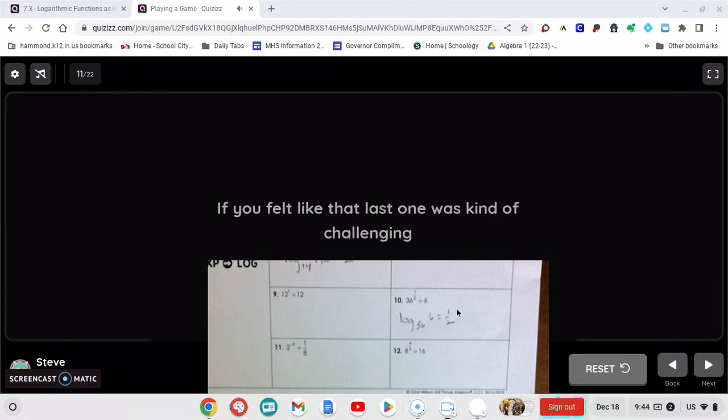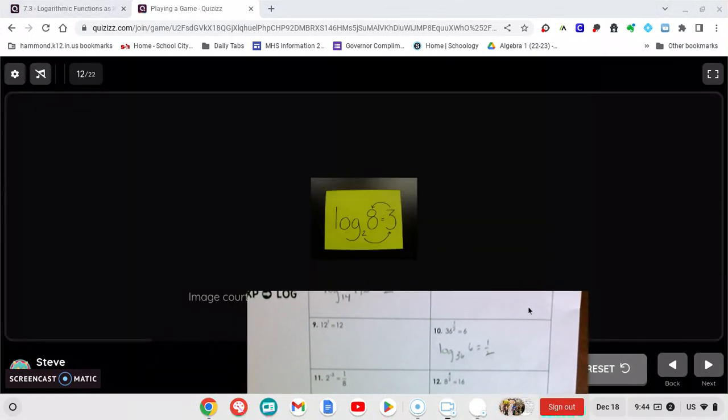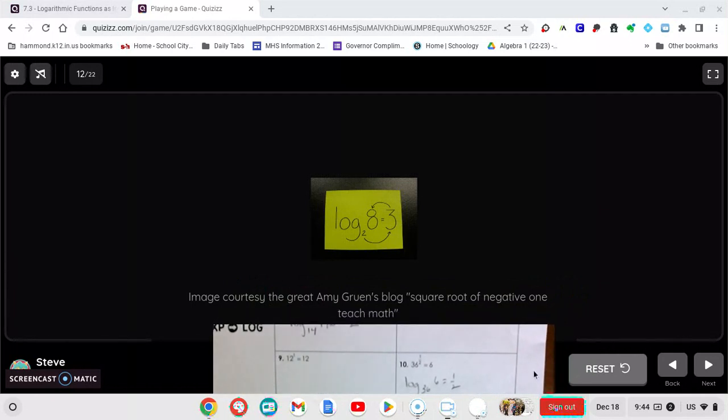Again, if that last one felt challenging, I'm going to share an image from one of my favorite math bloggers. She wrote this using arrows. The base of 2 raised to the 3rd power gives me this value, which is called the argument. So 2 to the 3rd power equals 8 is the same as saying log base 2 of 8 is equal to 3.